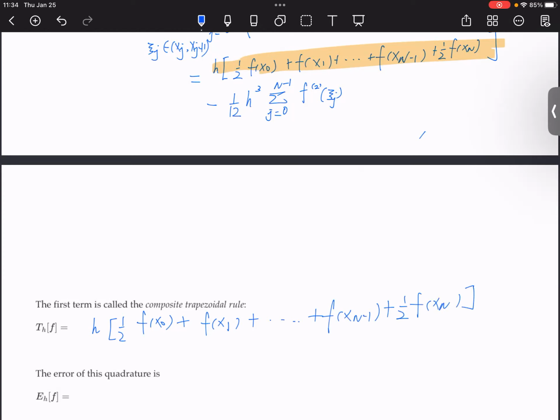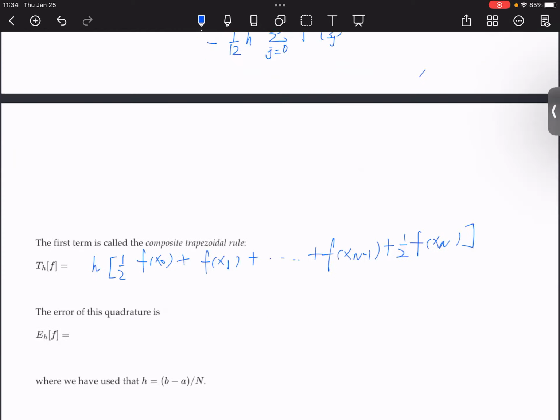What about the error? The error looks like this: minus 1/12 h cubed, times the sum from j equals 0 to n-1 of f second derivative at c_j. And let's see if we rewrite this h. We take one h out, and write it as (b minus a) divided by n.